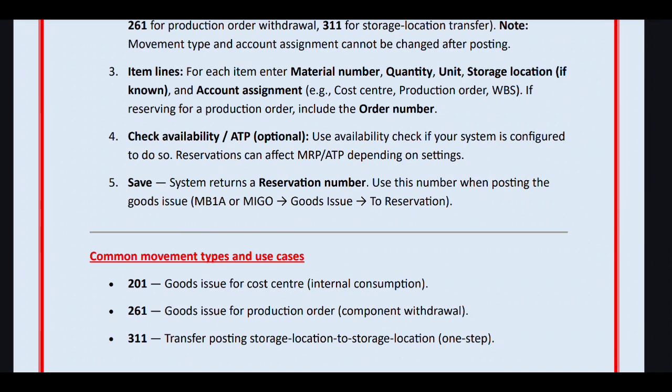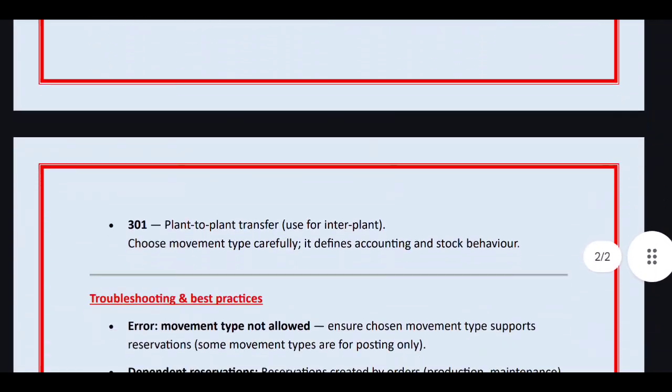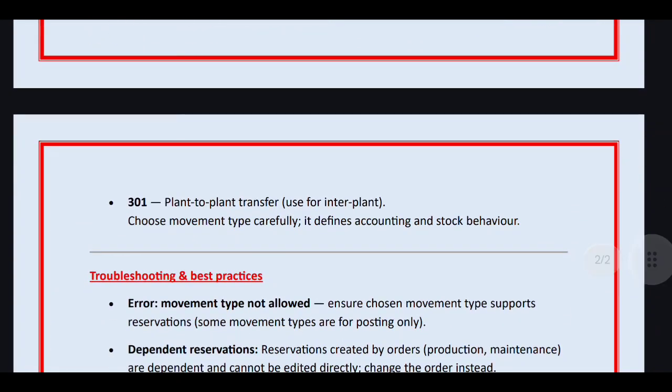311 is transfer posting storage location to storage location, one step within the plant. So these are the common movement types, right? 301 is plant to plant transfer. For example, I just want to transfer from my ABC01 plant to ABC02. Directly we can transfer our inventory using movement type 301. Okay. Choose this movement type carefully.